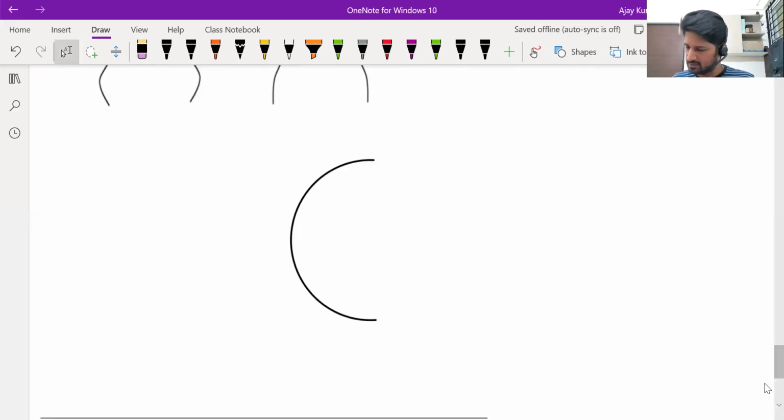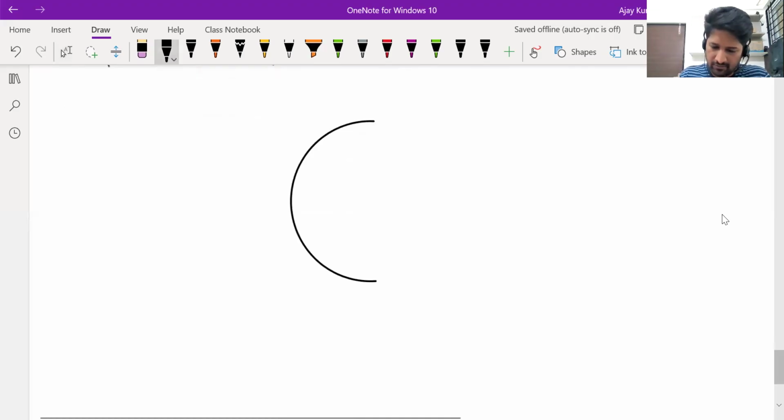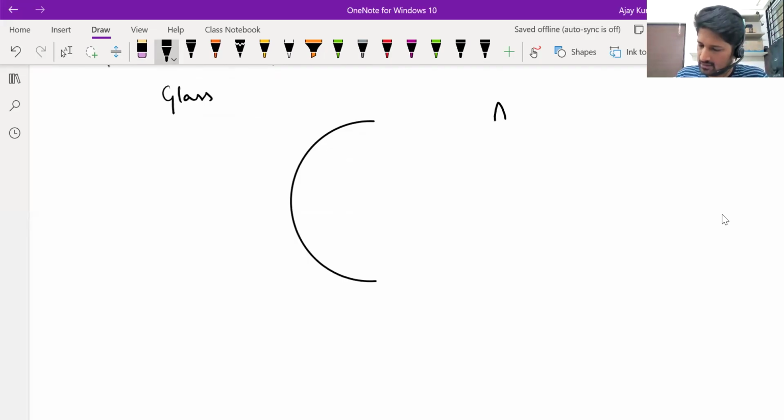Suppose there is a semicircular boundary separating two media. To the left of this semicircle is glass, and to the right of this semicircle is air.